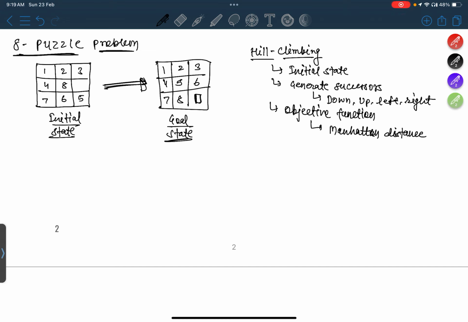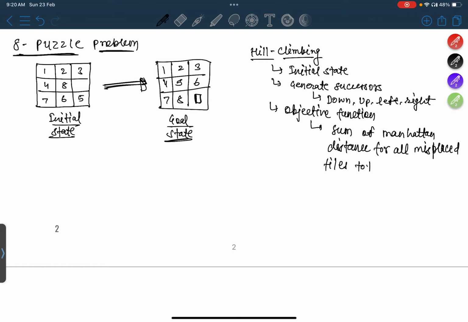So we'll use the objective function as a sum of Manhattan distance for all misplaced tiles to their correct position.